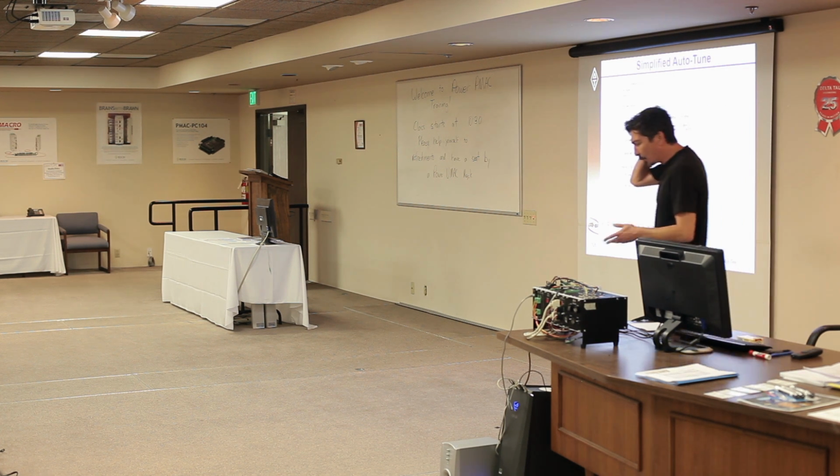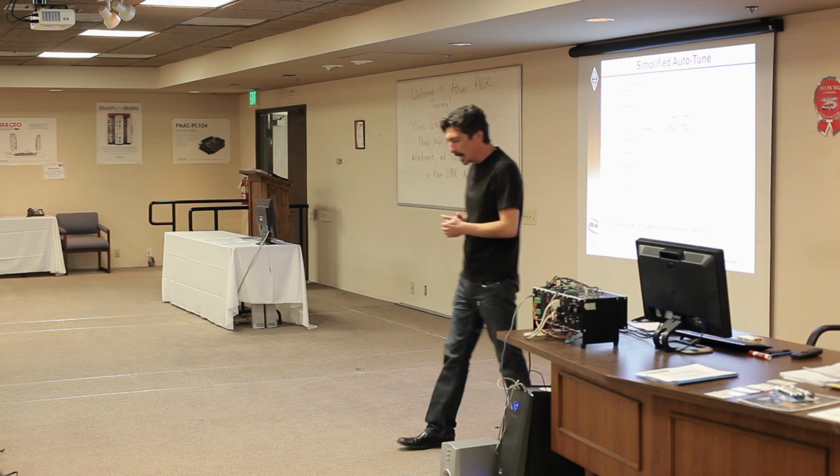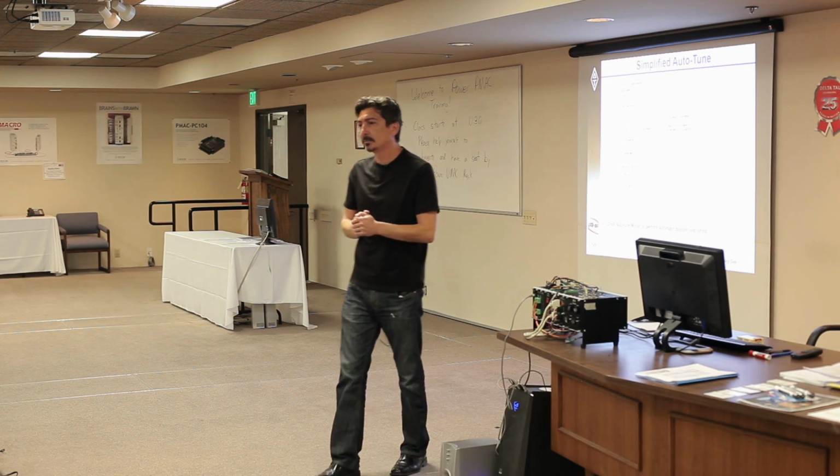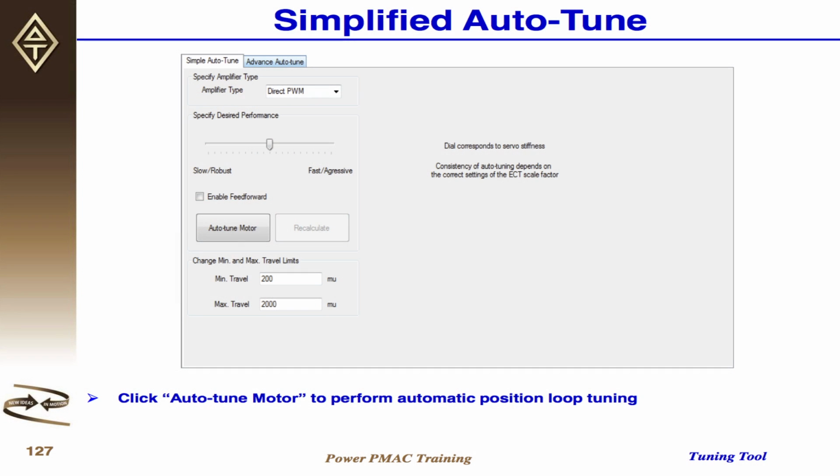And one more feature we added is what I call a simple auto-tune. If you remember from the advanced auto-tune, you have to specify the excitation settings. You have to specify the desired natural frequency and damping ratio. In this one, we try to make life a little bit simpler for the end user.